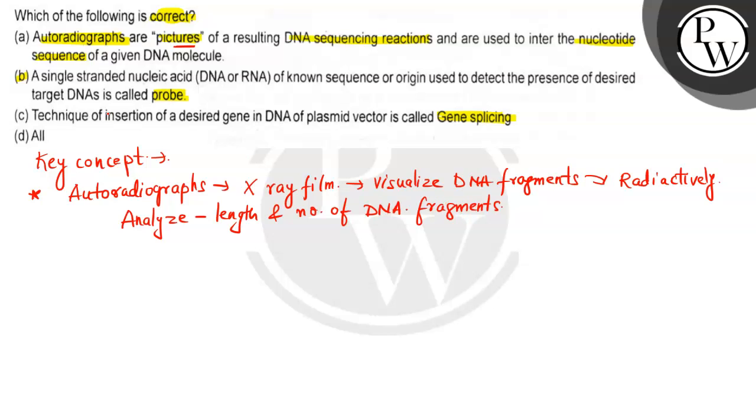So the statement that autoradiographs are the pictures of resulting DNA sequencing reactions is correct, because in this autoradiograph we are getting an X-ray based image, and we can also separate the different nucleotide sequences of the DNA depending on the length and the number of the DNA fragments. That's why statement 1 will be the correct one here. Let's talk about statement B. Here statement B is regarding the probe.